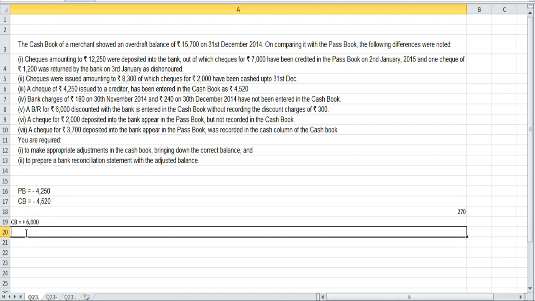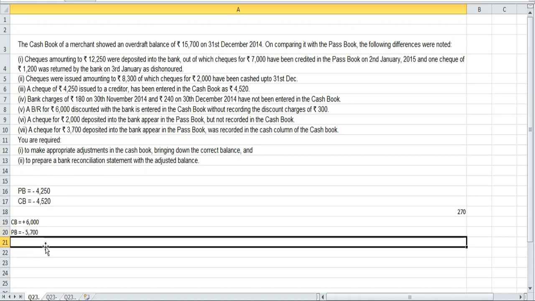But since you went earlier than the maturity date, what is the bank doing? The bank is discounting your bill, and they are discounting 300 rupees. Okay, so the bank is giving you how much? 6,000 minus 300, 5,700 rupees. Now how much is the difference? 300.